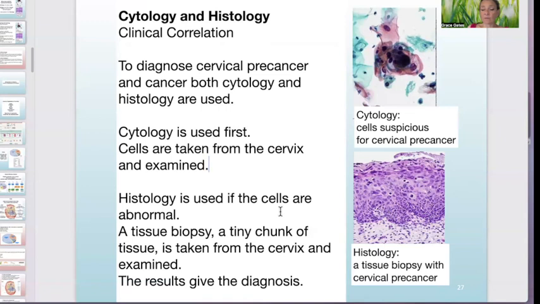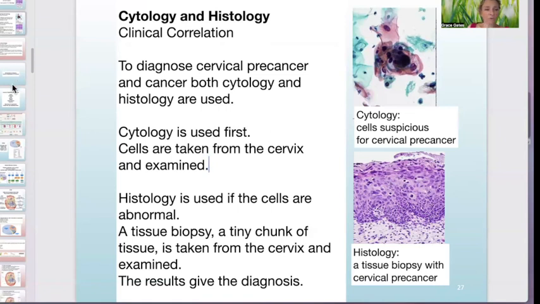And then a follow-up tissue specimen is used to make the actual diagnosis of cervical precancer or cancer. So both can be used. We'll mostly, with a couple of exceptions, be looking at histology, not cytology.